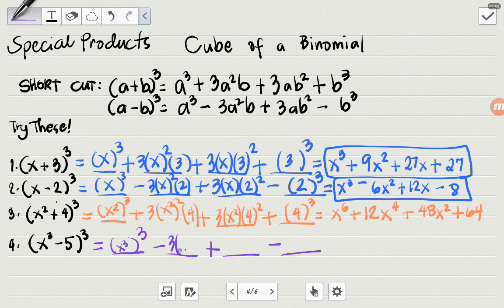Minus 3 times square itong una, x cube, minus, times 5. Plus 3 times x cube times square naman nung pangalawa, which is 5. And minus cube naman yung pangalawa.